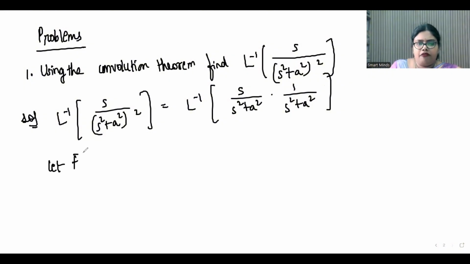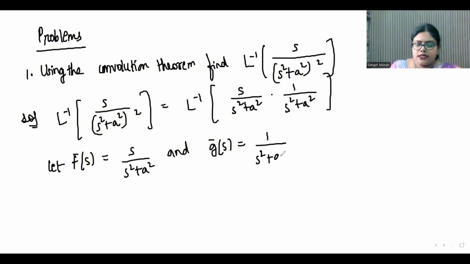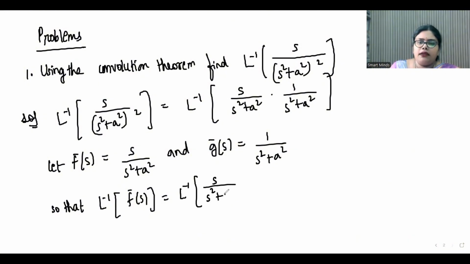So let F bar of s is equal to s by s square plus a square, and G bar of s is equal to 1 by s square plus a square. So that L inverse of F bar of s is equal to L inverse of s by s square plus a square.